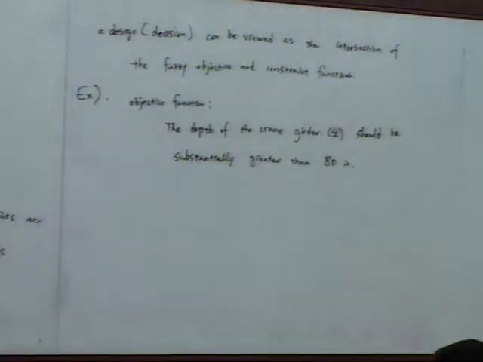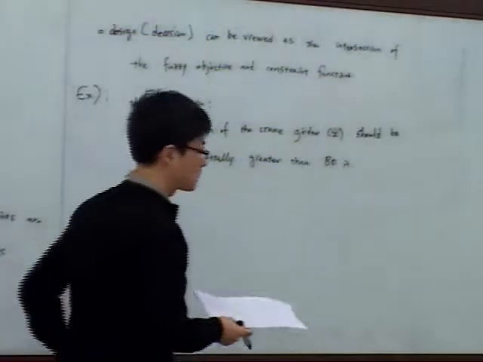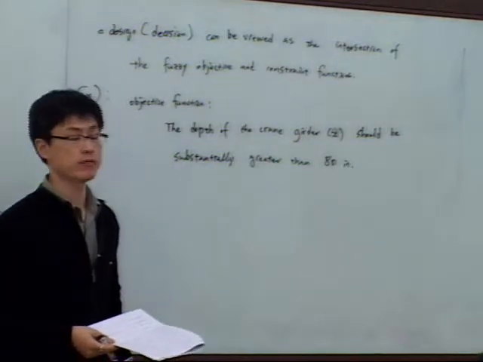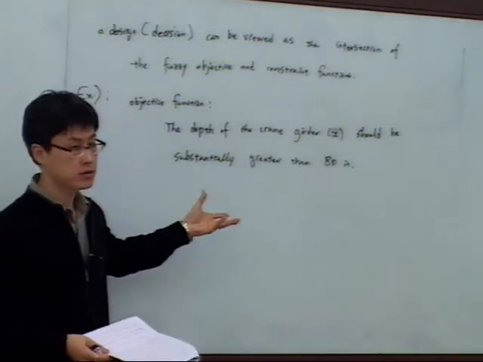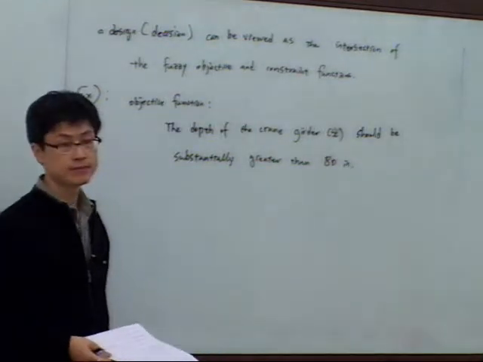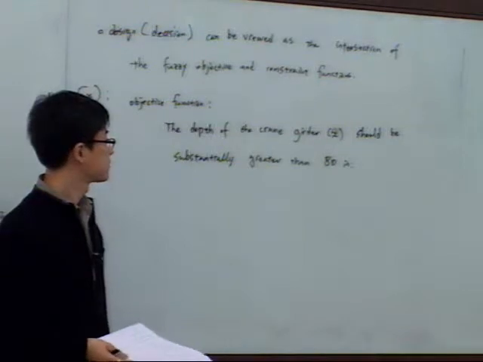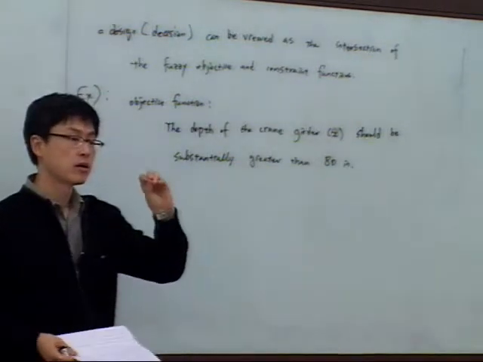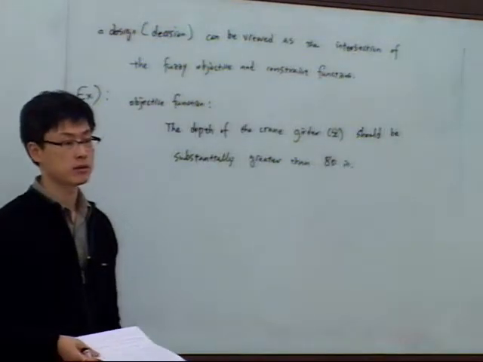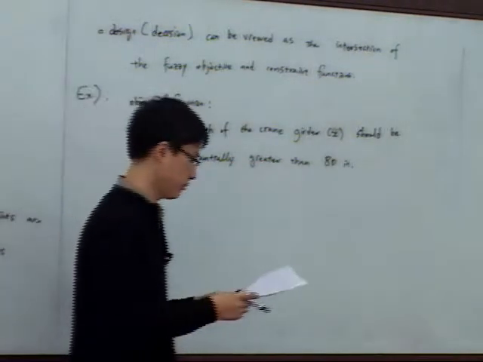That's one of the most simple fuzzy objective functions. This is a very vague and linguistic form, and your optimization objective function is given like this. And you are supposed to find what depth is the optimal based on this objective function.